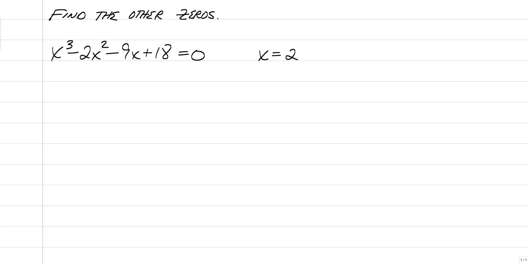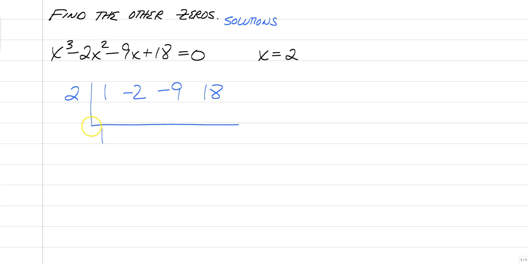Now here's a very similar question, but this time we're finding the other zeros. Remember, zeros also means solutions. So basically that's a fancy way of saying, go solve this. So we have one solution of 2 that was given to us. Drop the big L. And then we have a 1, negative 2, negative 9, and 18.